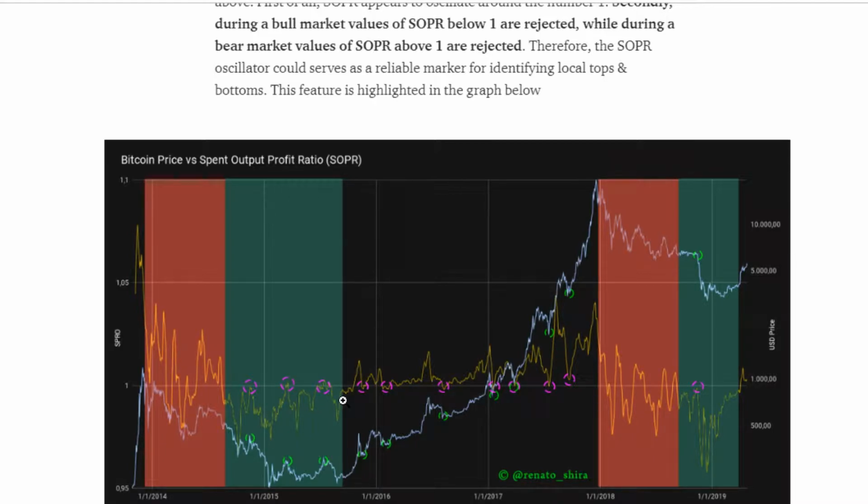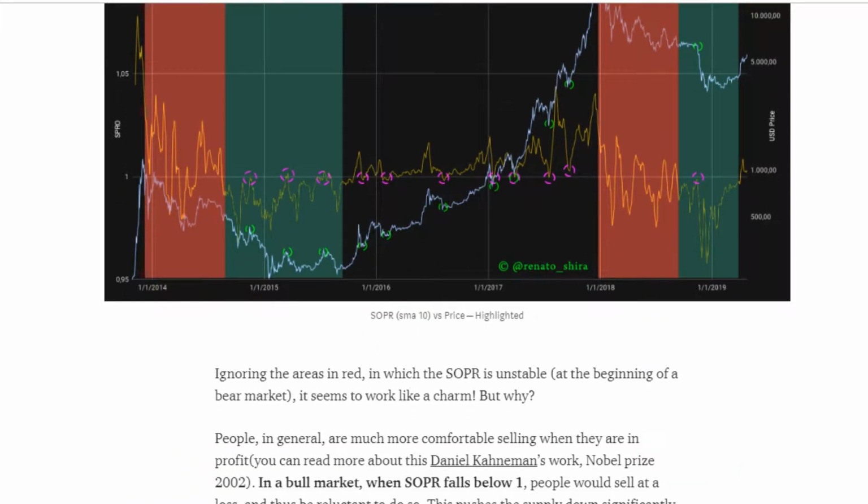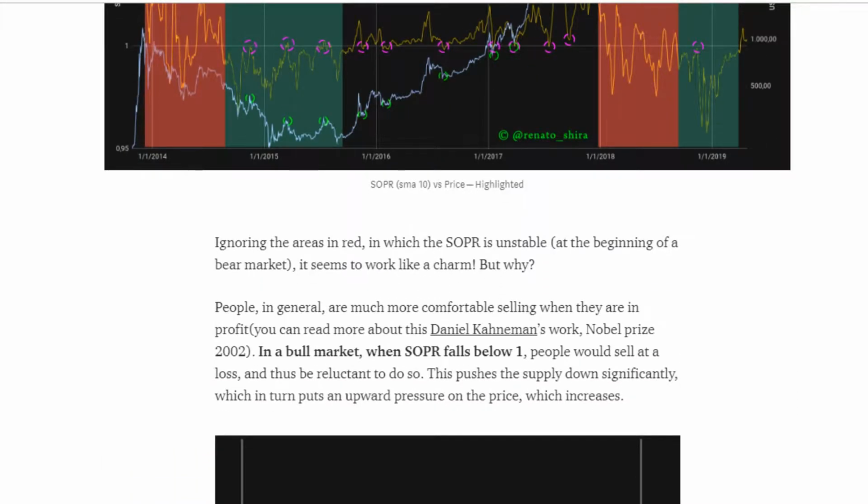Then when we pass the median, or the 1, and find support on it, you can kind of say that we are then in a bull market, a bull uptrend. Very interesting stuff.